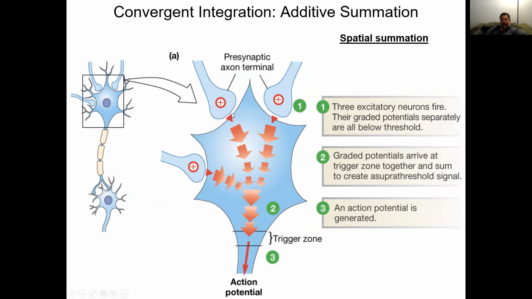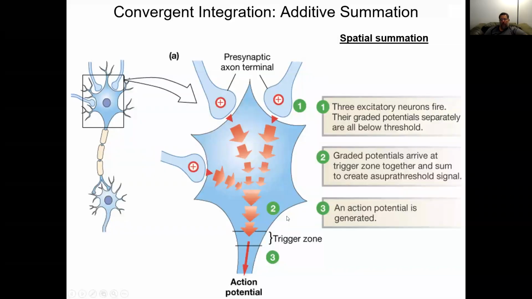And here we have a synapse, of course. This one's actually pretty close to the trigger zone, so it's going to probably have a stronger influence on this axon hillock, this trigger zone. But in this particular case, all of them are excitatory. They're all increasing the likelihood of an action potential.